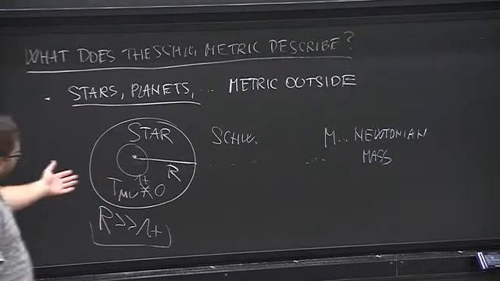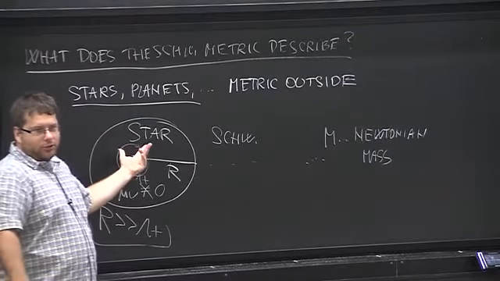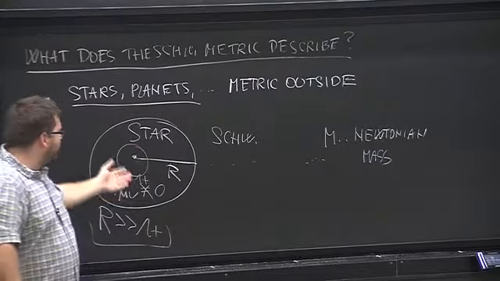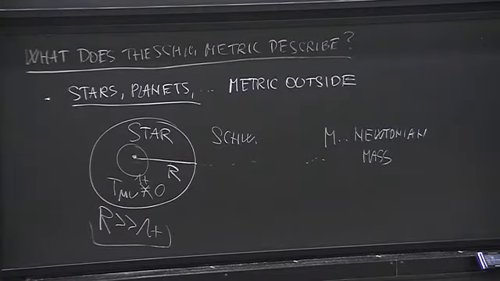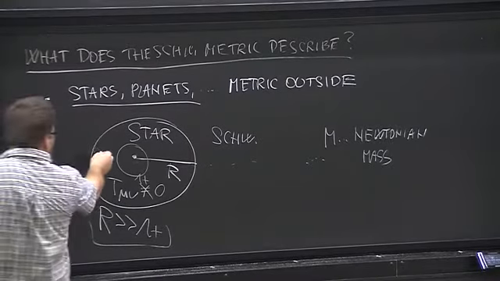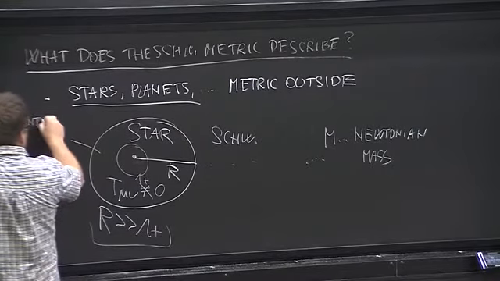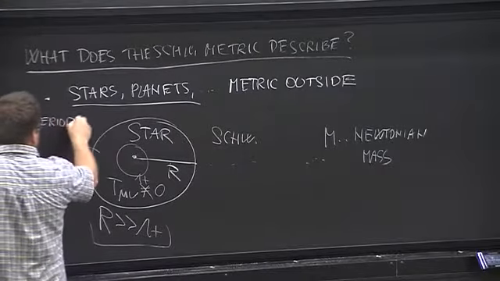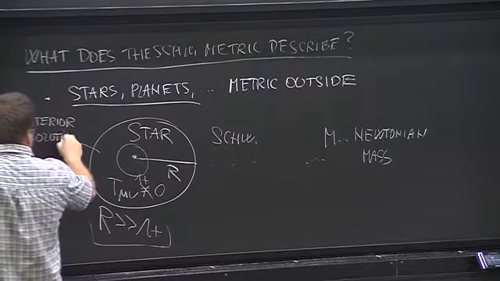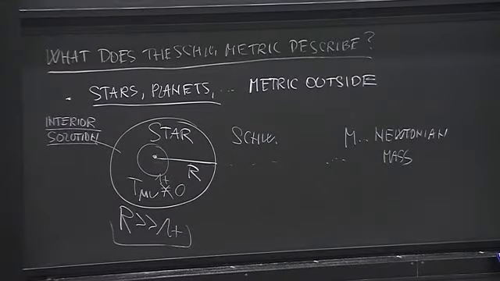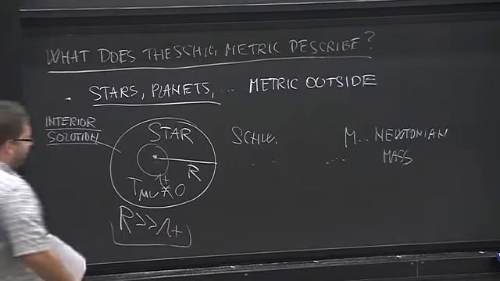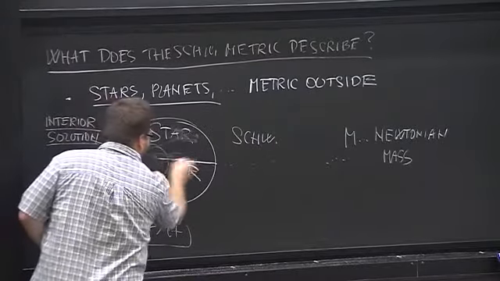And so, of course, inside the star I cannot use the Schwarzschild solution because I have a non-trivial T mu nu. So if you want to describe the situation also inside, you have to actually study the interior solution for the star, which I'm not going to do here. But as I said, to first approximation you can treat the star as filled with perfect fluid.